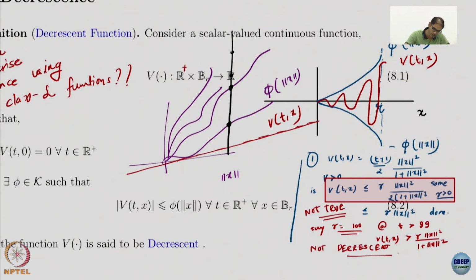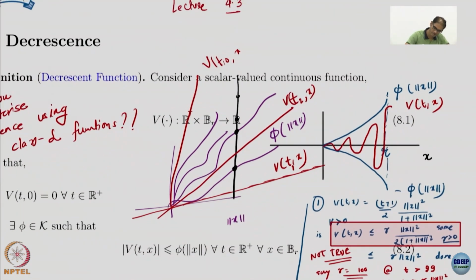My V will, if this was for t equal to t1, I will make it for V t2 with the same x, or V t10 with the same x. I just bump up t and I will dominate.